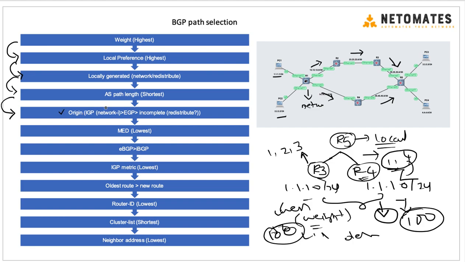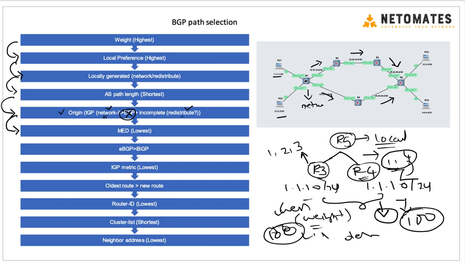It will prefer routes added using the network command over redistribution. EGP is not used now. Exterior Gateway Protocol is an old one, so you can ignore this. So if a route is added on the originator router using the network command, it will be preferred over the redistributed route. If both routes are added using the network command, or both routes are coming from redistribution, then this will also not be a tiebreaker.